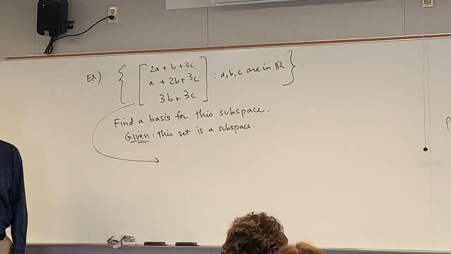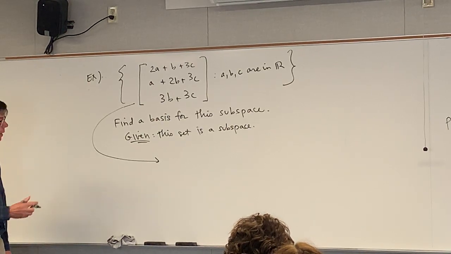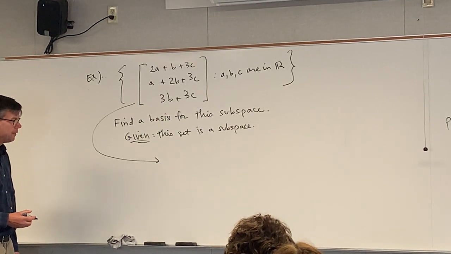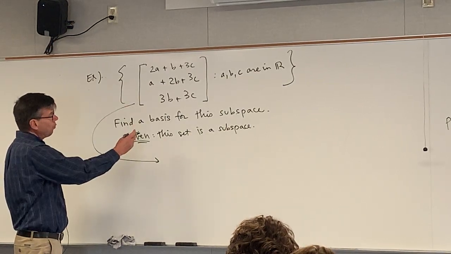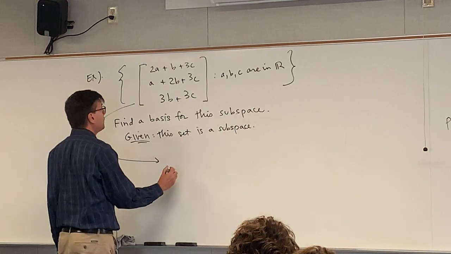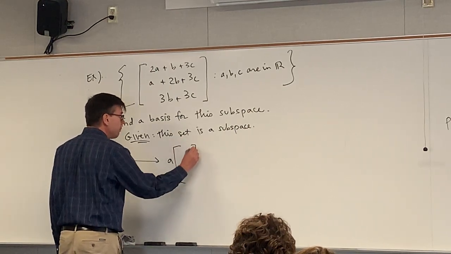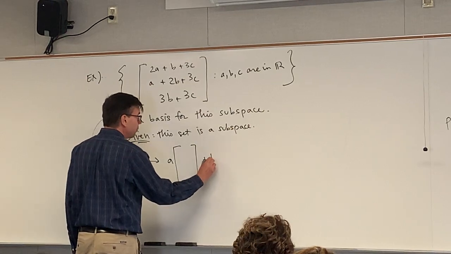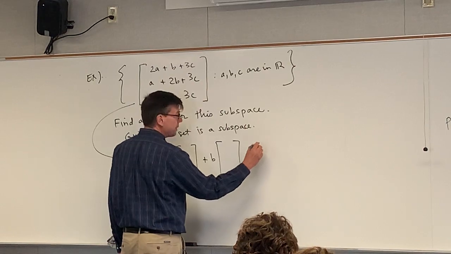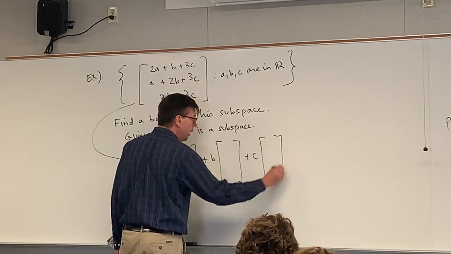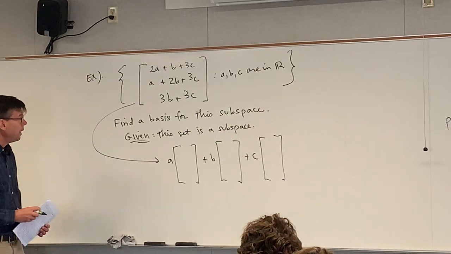I think we know what to do here. We want to try to find a spanning set for this subspace. And we've talked about how we can write this as a times a certain column vector plus b times a certain column vector plus c times a certain column vector, right? We can express the elements of this set in the following way.